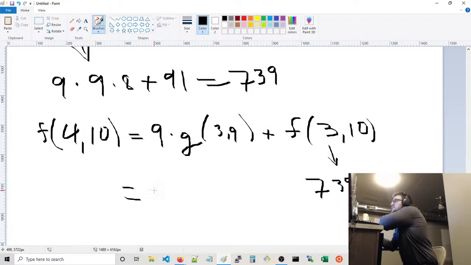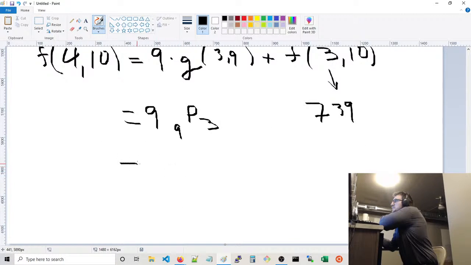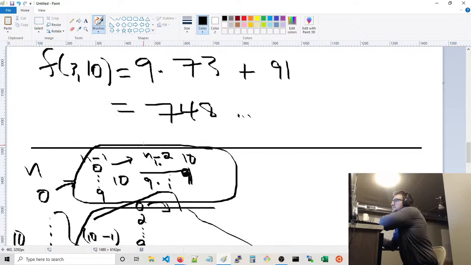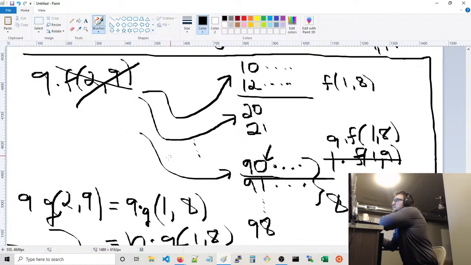And g we said, yeah, basically g is a permutation pretty much. It's 9 permute 3, which is 9 times 9 times 8 times 7. Right, which I think I would have determined that. I know you kind of helped me a little bit, but I think I would have figured that out, right?